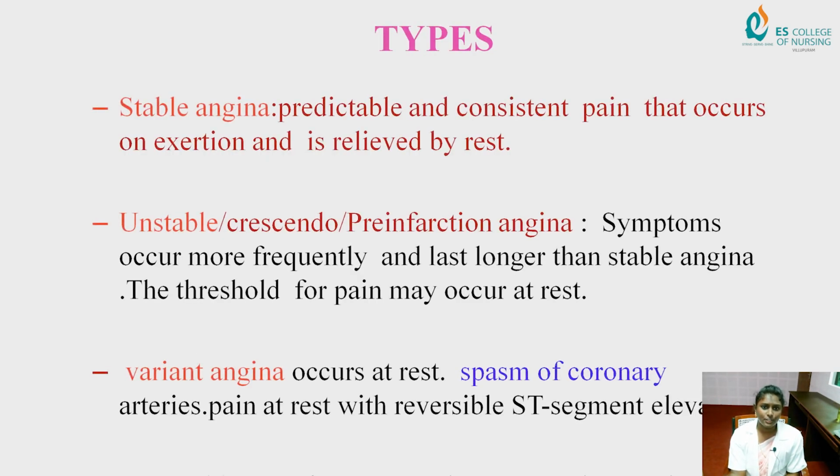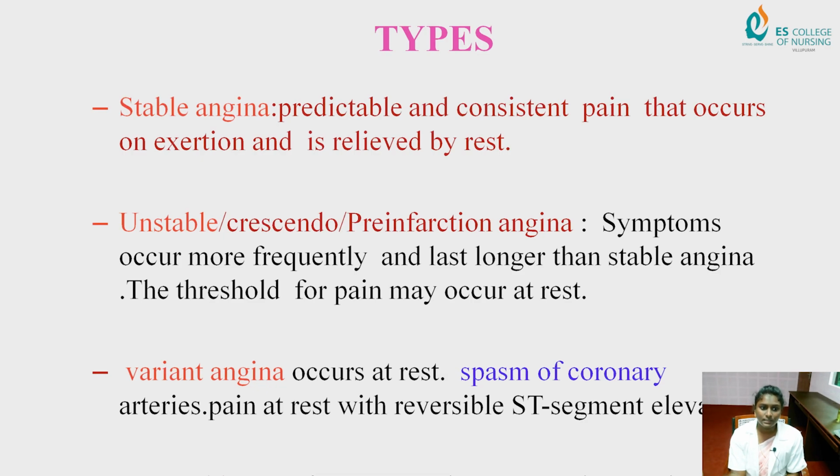Then the types of angina: there are three types. One is stable angina, which means predictable and consistent pain. It occurs during exercise or exertion and is relieved by rest, so it is called stable angina. Unstable angina is crescendo or pre-infarction angina.